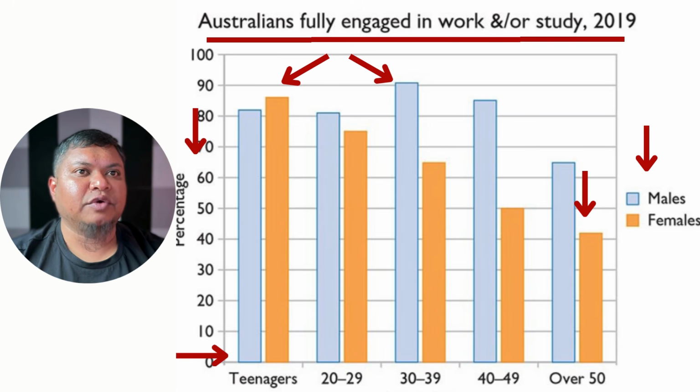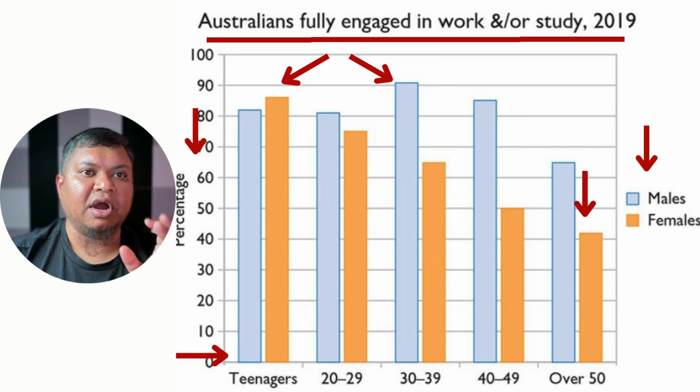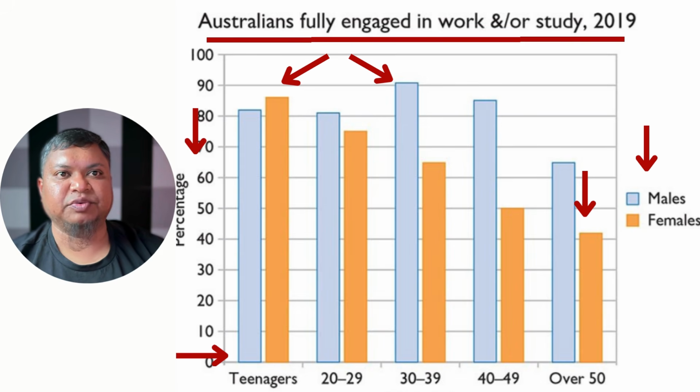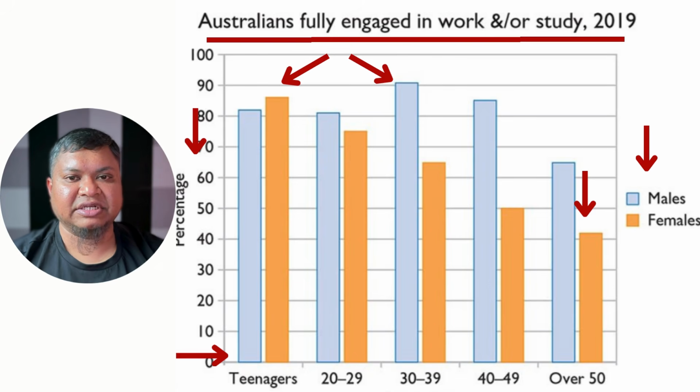This bar graph shows information related to Australians fully engaged in work and or study in 2019. In this image, there are several categories, such as in the x-axis, we have the age groups, which are teenagers, 20 to 29, over 50, and on the y-axis, percentage between 0 to 100.